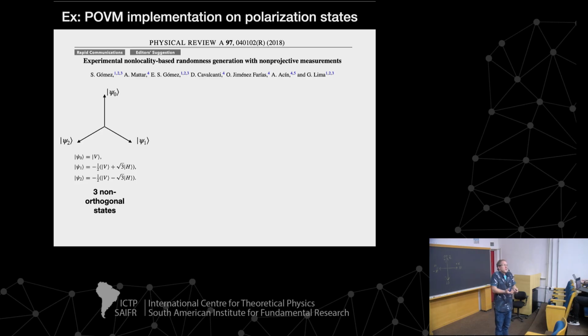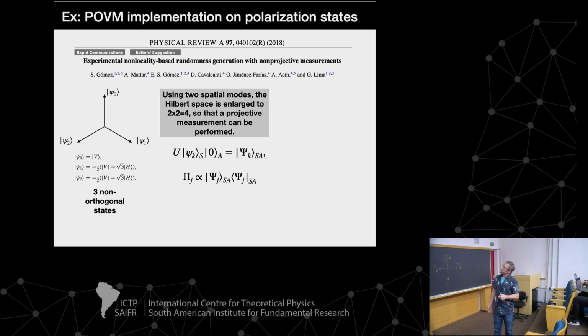There's no polarization device that you buy that does this, so you have to build something in the lab. A polarizer splits H from V or something like that. The polarization space is only two-dimensional, but now I have three states. So how do I do a measurement in this three-dimensional space? First you introduce an ancilla, which can be another degree of freedom of the photon, for example.